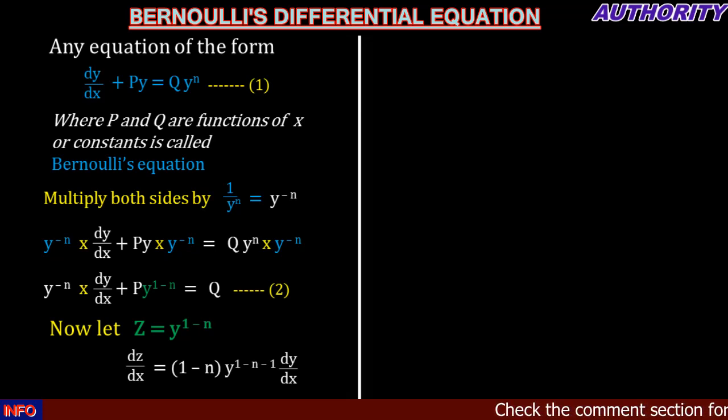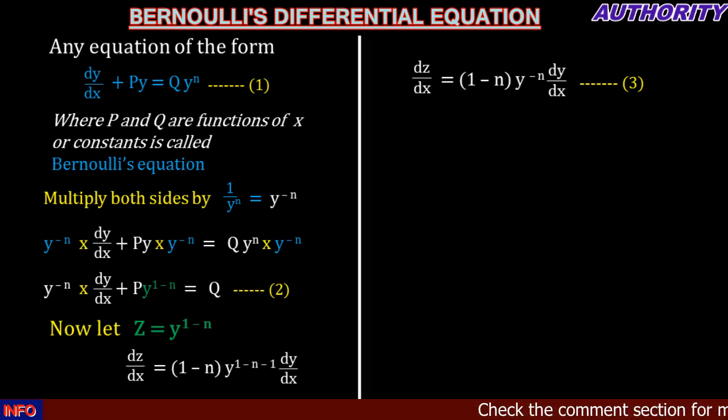Then you add dy/dx because we differentiated this y with respect to x. Is that clear? Yes. Now let's go. So after this differentiation, we have dz/dx is equal to 1 minus n in bracket y raised to power minus n dy/dx. Let's call this equation 3.